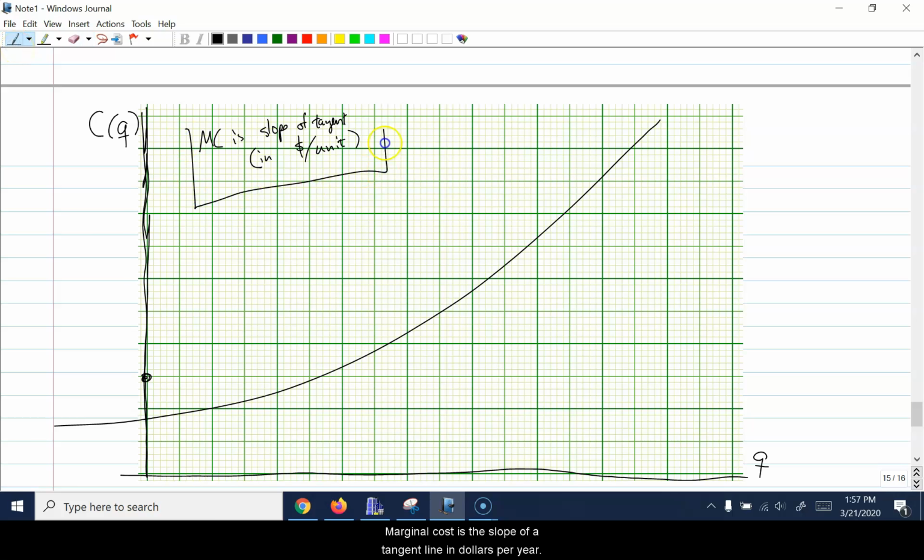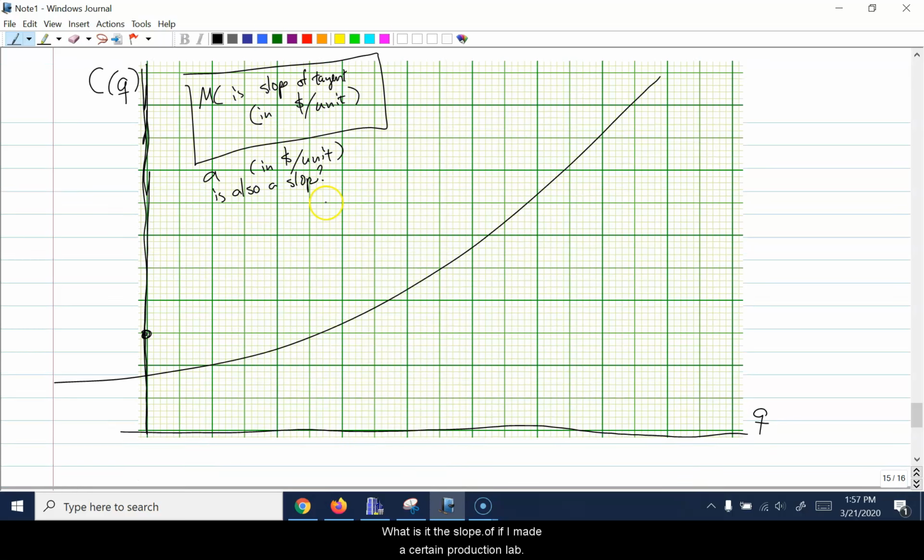Marginal cost is the slope of a tangent line in dollars per unit. Average cost is also in dollars per unit, is also a slope. What is it the slope of? If I'm at a certain production level, I don't know what number this is. Let's make this 50.